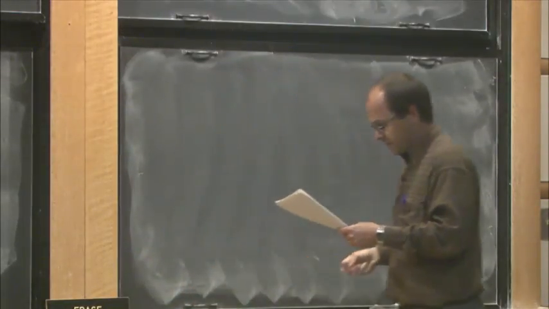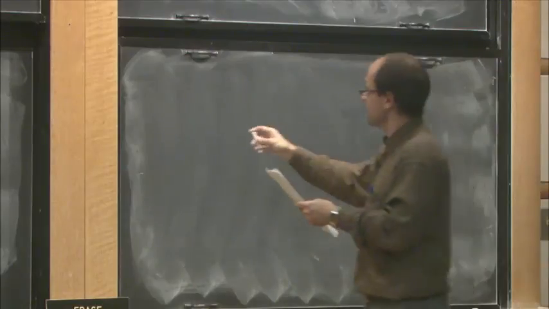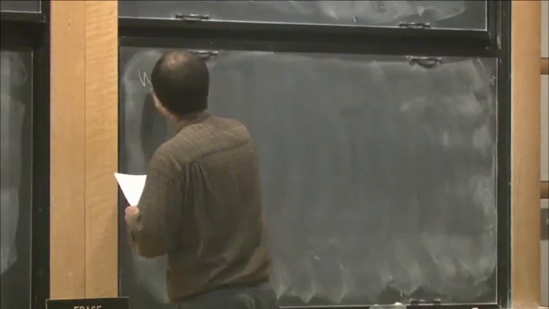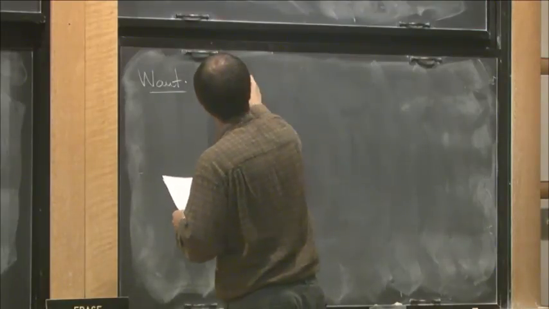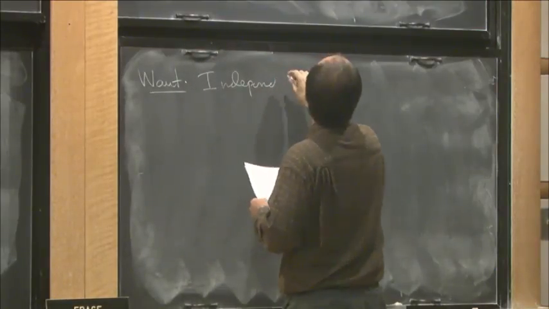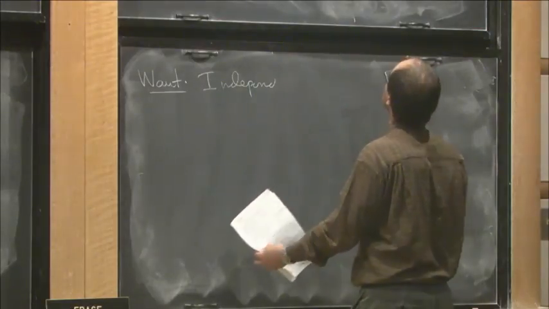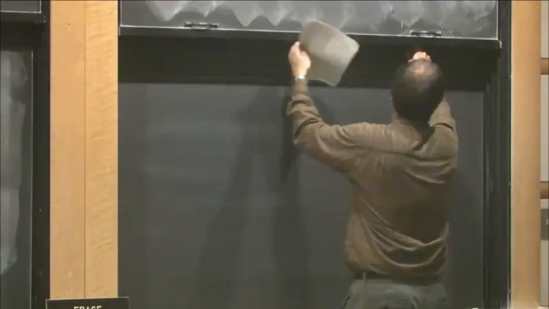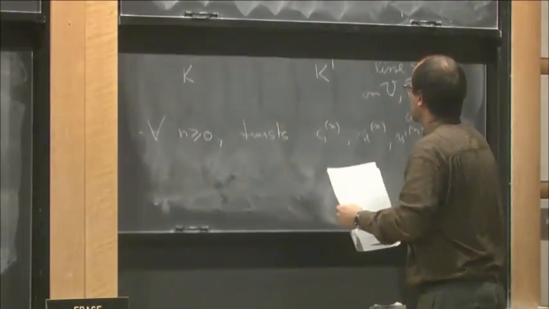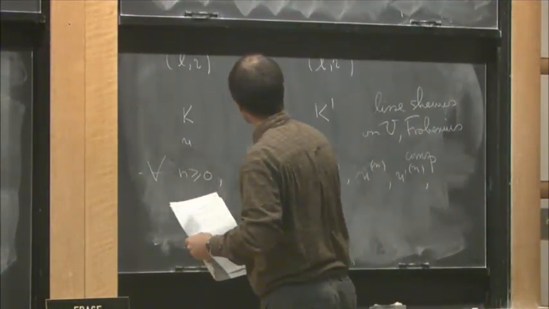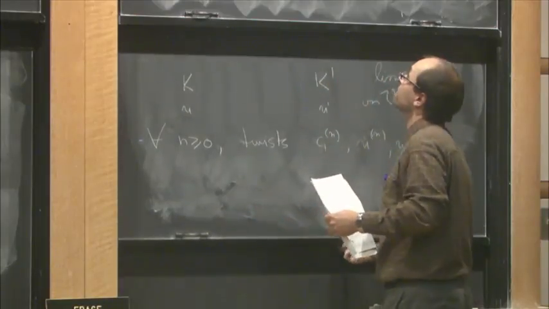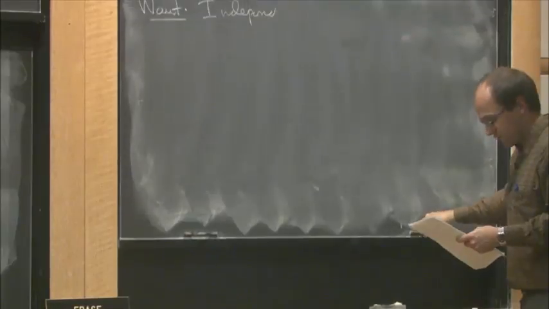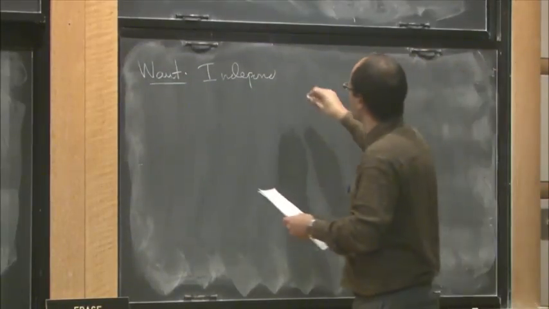So the goal then is, I want to prove independence of L. I didn't say the U's, sorry. I also have actions here, which I'll write U and U prime. So I want independence of L for the push forwards of these actions.